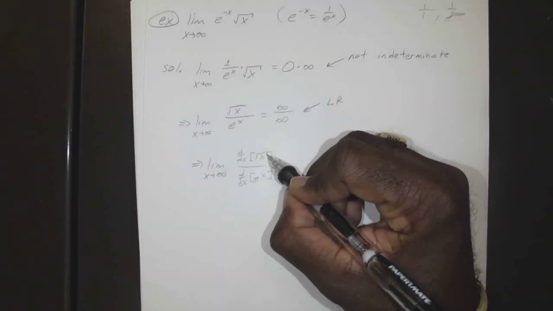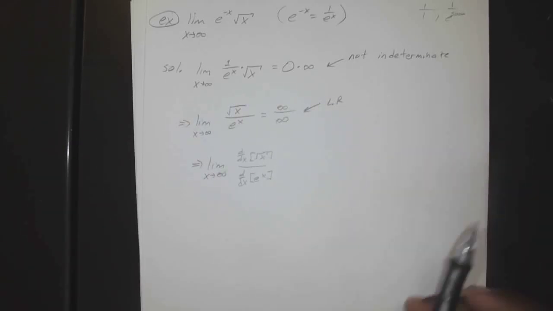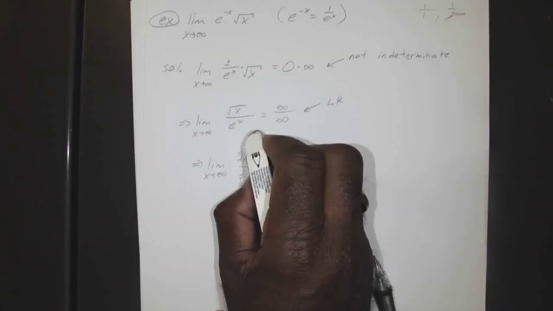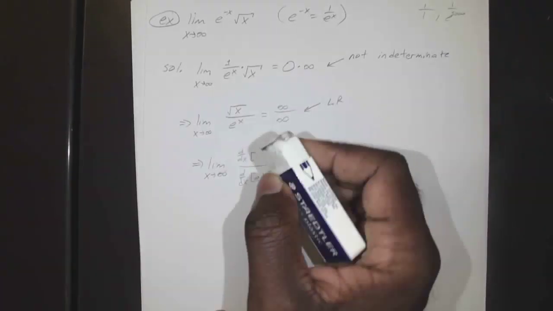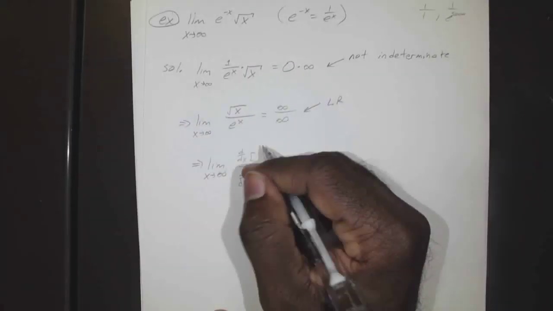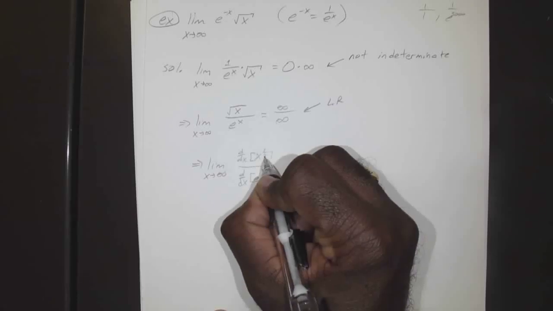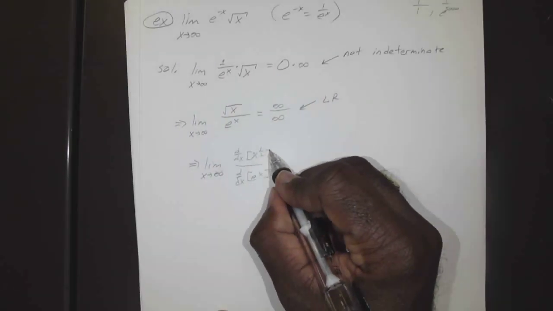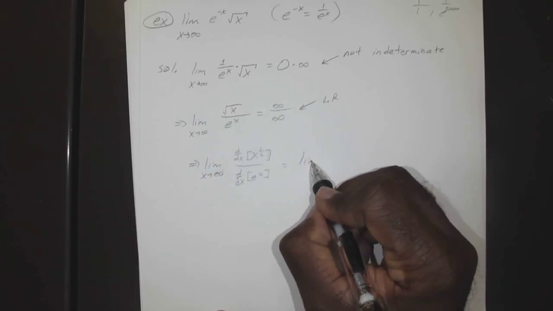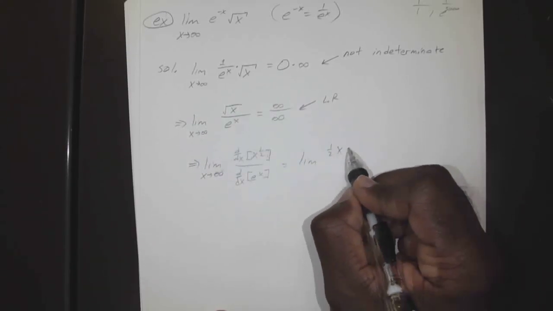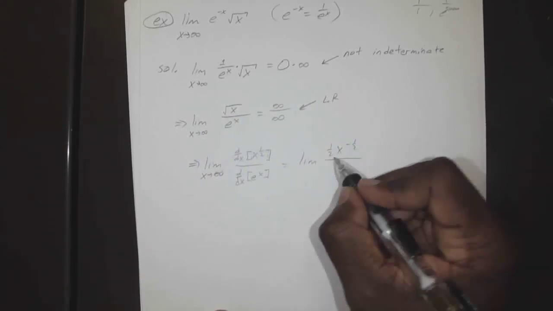The derivative of square root of x, and actually I'll make that x to the 1/2 power so it'll be a little easier to differentiate. So you have 1/2 x to the negative 1/2.